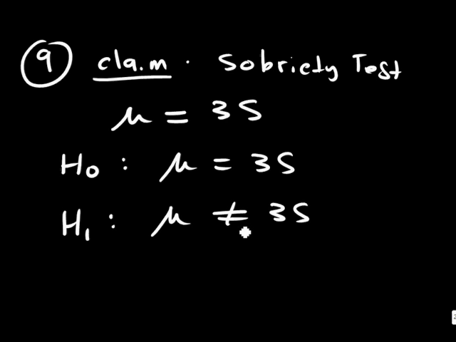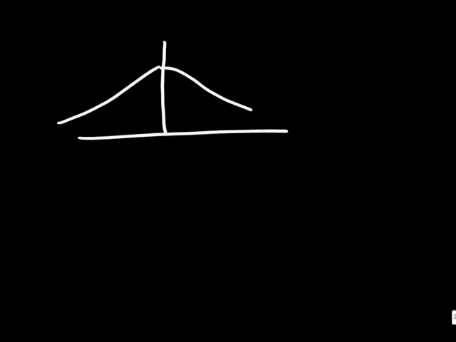This means, since we have a not equal for the alternate hypothesis, we have a two-tail test. These are our rejection regions. Two tails.